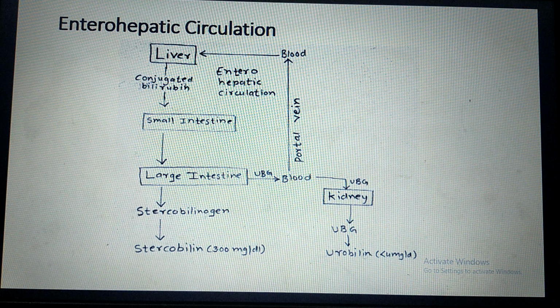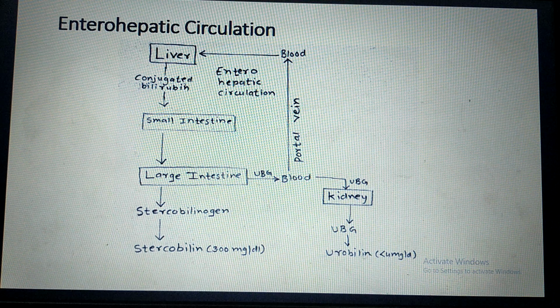When unconjugated bilirubin level is increased due to hemolysis, the adult liver tries to conjugate more and more bilirubin and excrete that bilirubin through the bile. So the concentration of conjugated bilirubin in the bile increases, but the concentration of conjugated bilirubin in the blood does not increase, right? Unconjugated bilirubin increases, so the liver will take more and more unconjugated bilirubin, conjugate it and excrete it through the bile. So in the bile, conjugated bilirubin level increases.